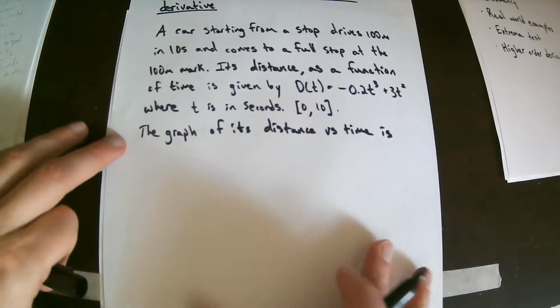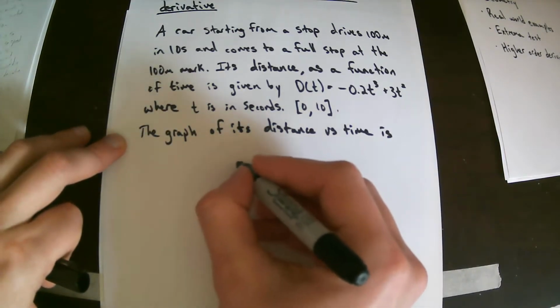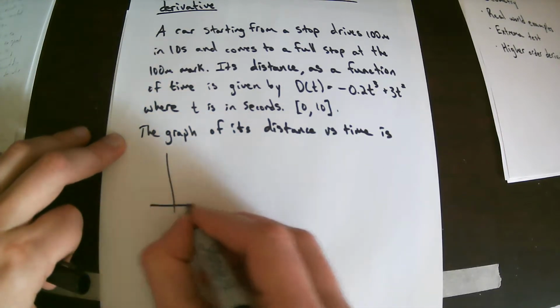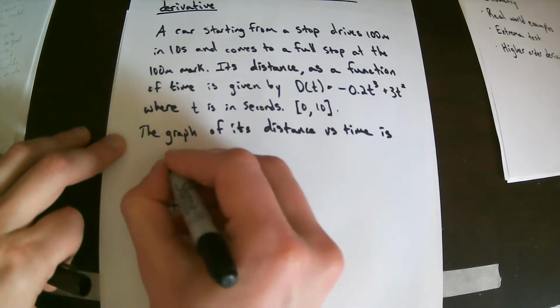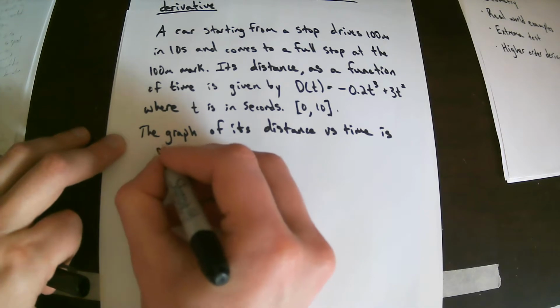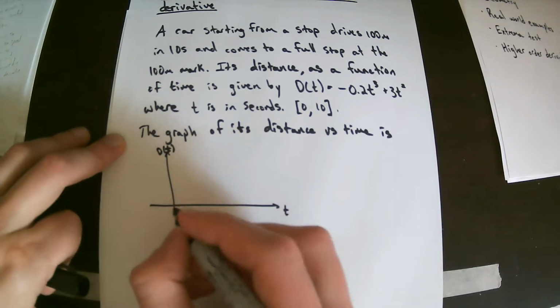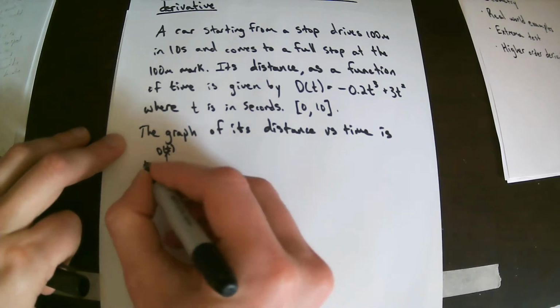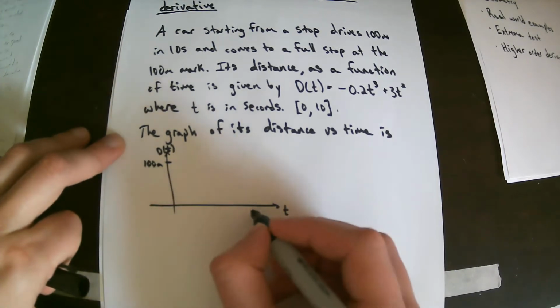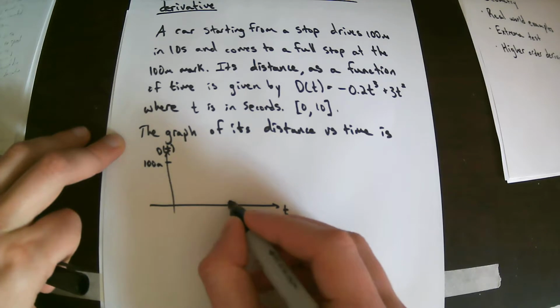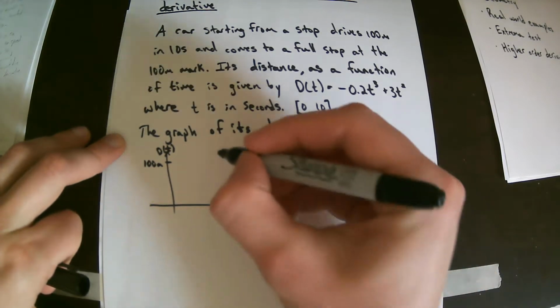Let's see, I kind of want to center this. Maybe over here. Here's D of t and t. Let's just say 100 meters is here. Let's keep this simple, and 10 seconds is there.